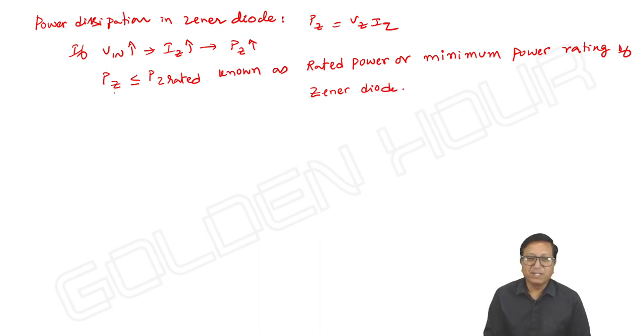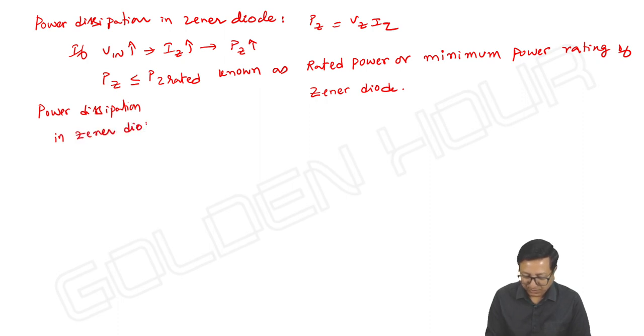So Pz means the power dissipation in the Zener diode. Already here I wrote it, power dissipation in the Zener diode, or you can even write maximum power dissipation.